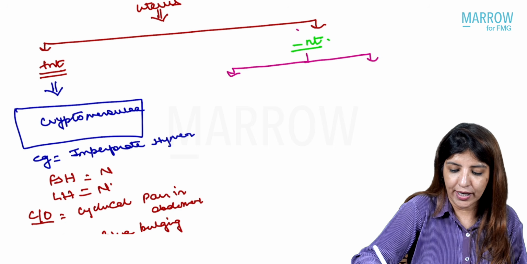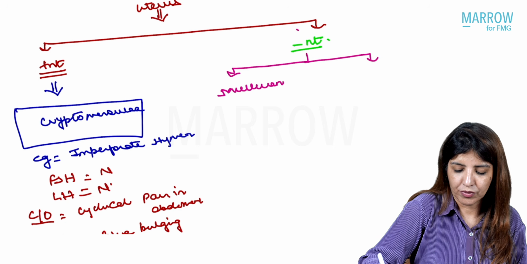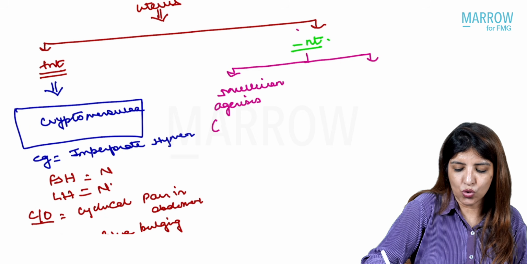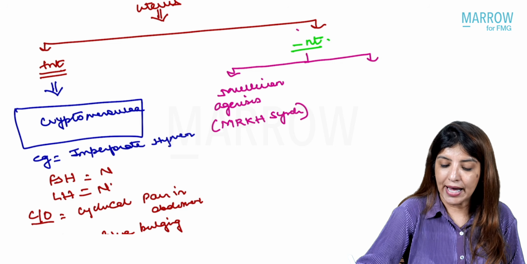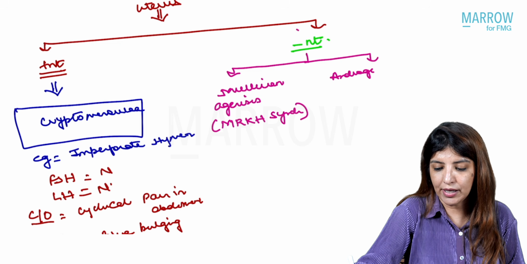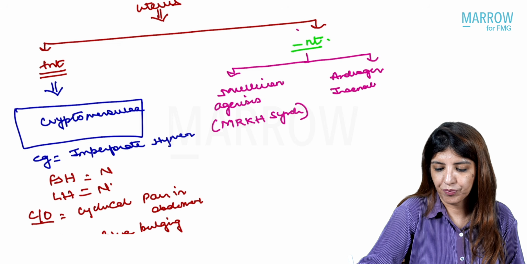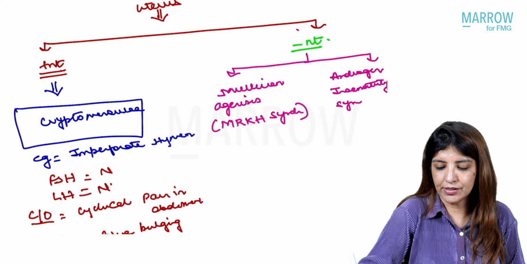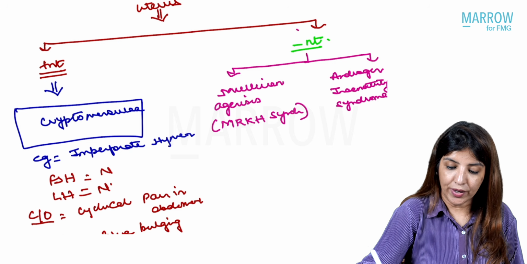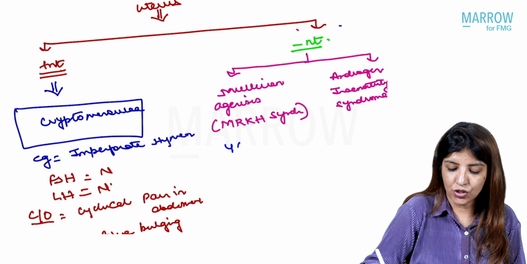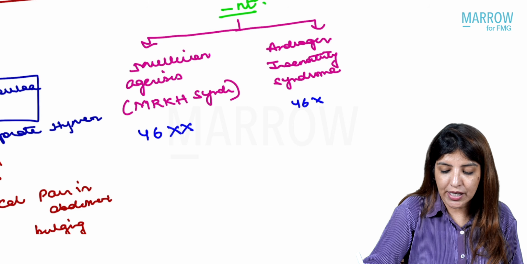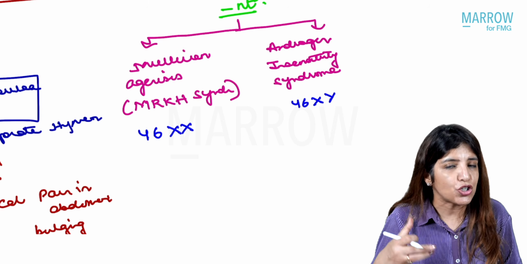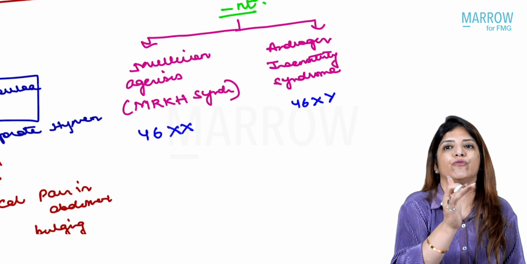One is Mullerian agenesis, also called MRKH syndrome, that is Mayer-Rokitansky-Kuster-Hauser syndrome. And the other one is androgen insensitivity syndrome. In case of Mullerian agenesis, the chromosome number is 46XX. Androgen insensitivity is 46XY. So actually they are males, but they are insensitive to androgen.